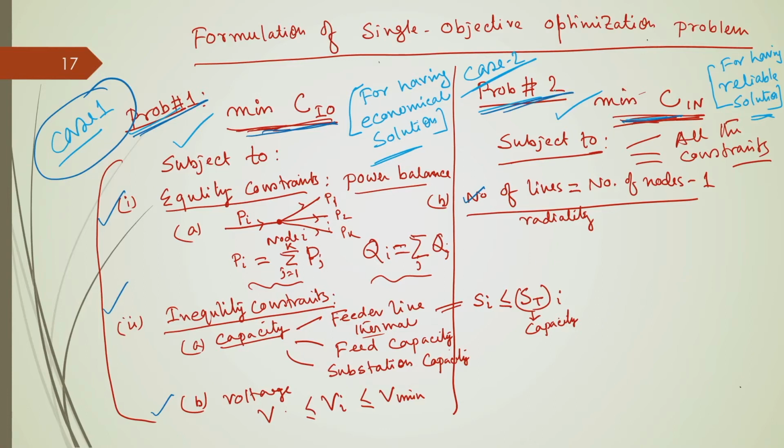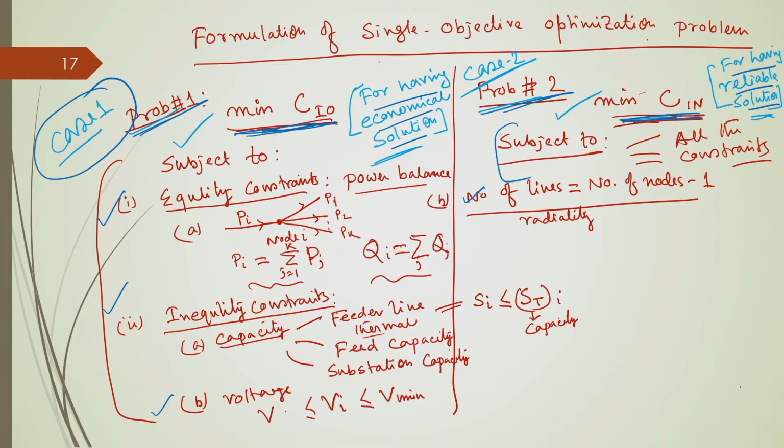In fact, the second problem was to minimize this interruption cost, or to maximize the reliability under these constraints, so that we get a reliable solution. And in the first problem we minimize this total cost under these constraints, that is equality and inequality constraints, to have an economical solution.